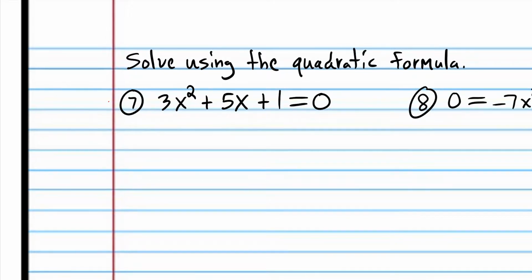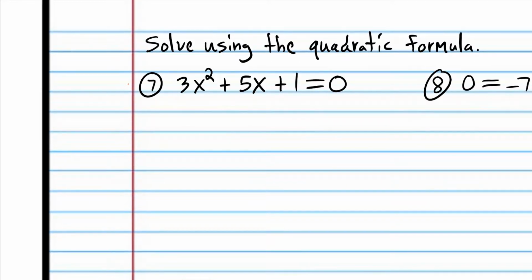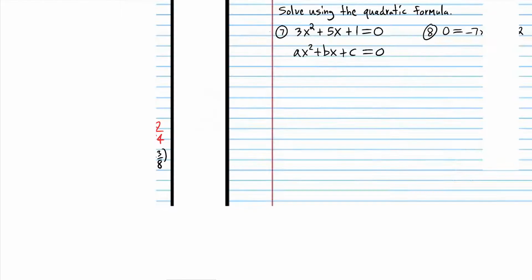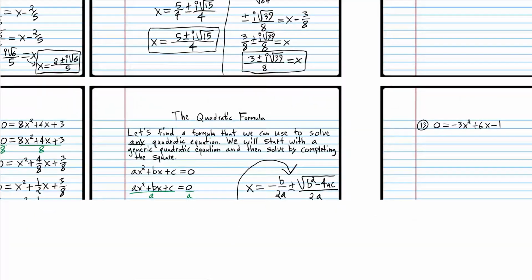So first of all, again, it says use the quadratic formula. So we're going to use the formula now. And I'm going to write the generic form of the equation to get you to understand what's going on here. So again, we labeled the coefficient of x squared as a, the coefficient of x as b, and the last number c, just like we did when we derived the formula.